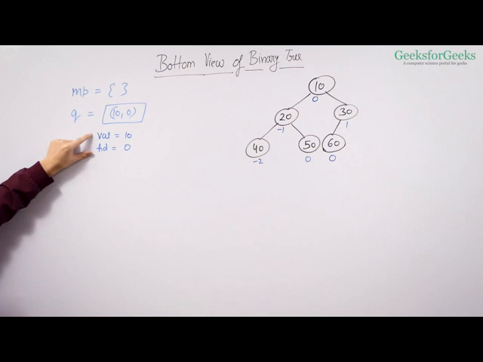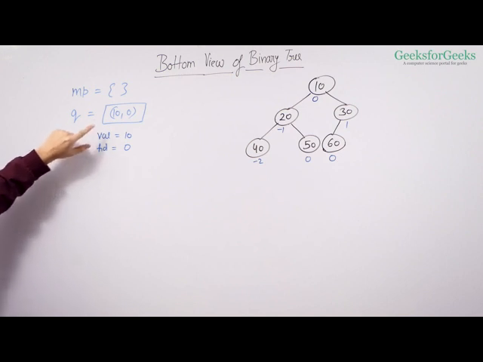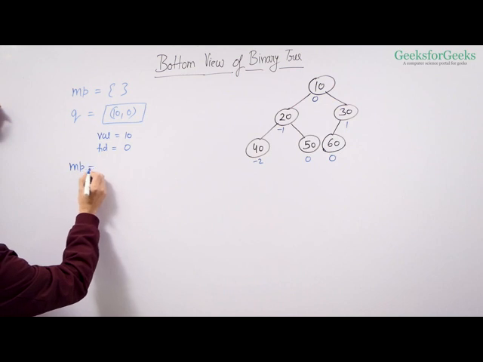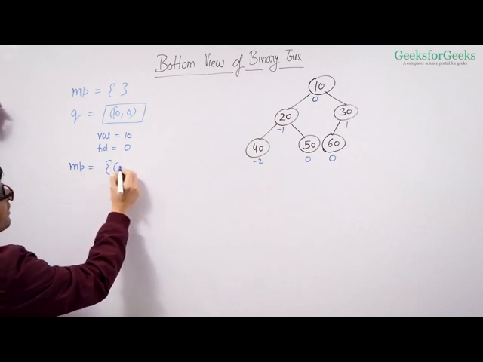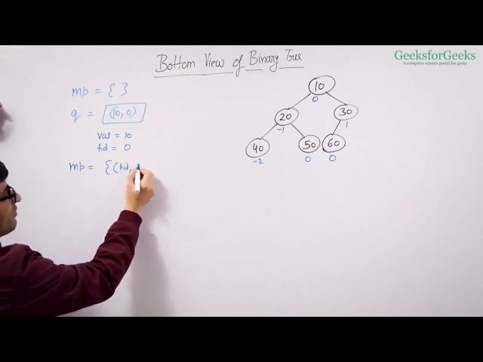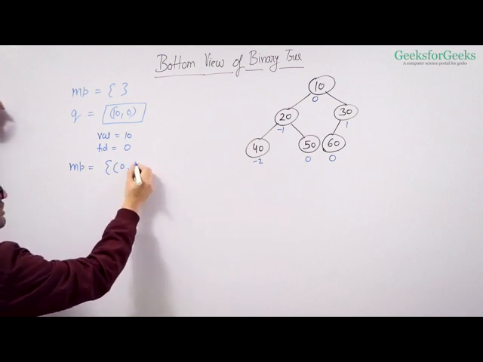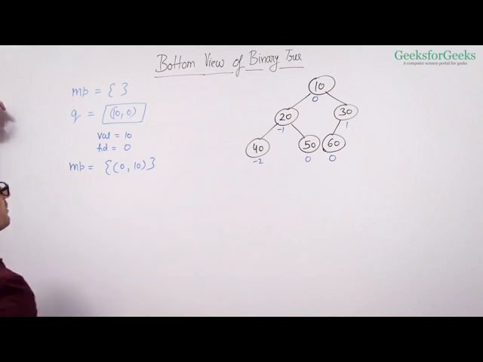What do we mean by process here? We are going to insert it into the map. And we check, do we already have a value for HD? We do not have anything. So we insert a value in the map with this horizontal distance. So HD 0 is the key and 10 is the value in the map.